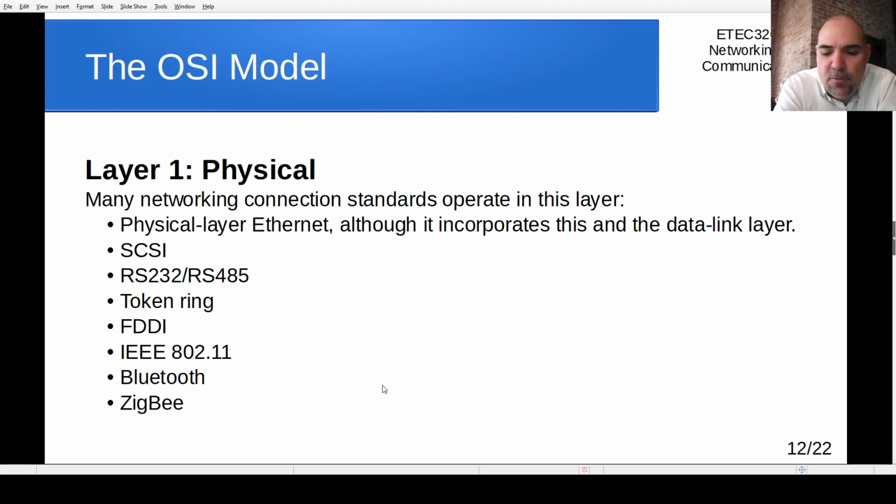Token ring hardware, FDDI, which is a fiber distributed data interface. That's a fiber optic thing. 802.11, which is wireless. It has a bunch of variants. So that's Wi-Fi, Bluetooth, Zigbee. And there are a whole lot of others, LoRa, a whole lot of other physical layer standards in that space.